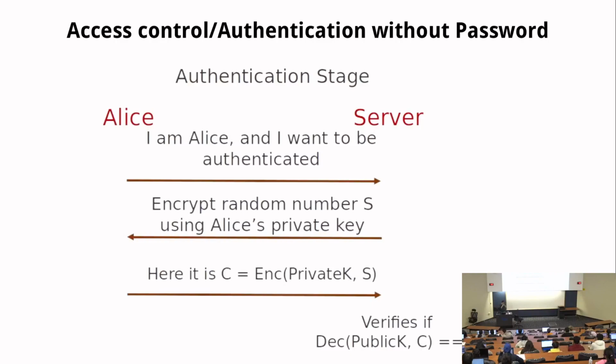So going back to the GitHub example, what you do is you first locally create a key pair, and that key pair will obviously have two parts: a private part and a public part. The private part you store on your local disk, and you don't share that with anyone.